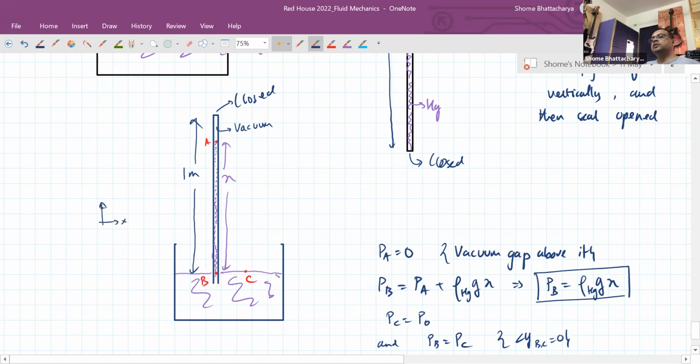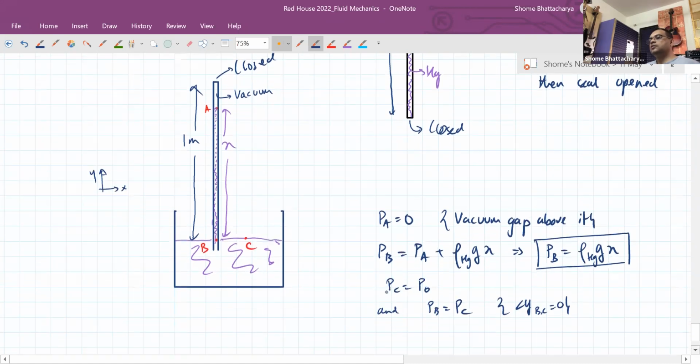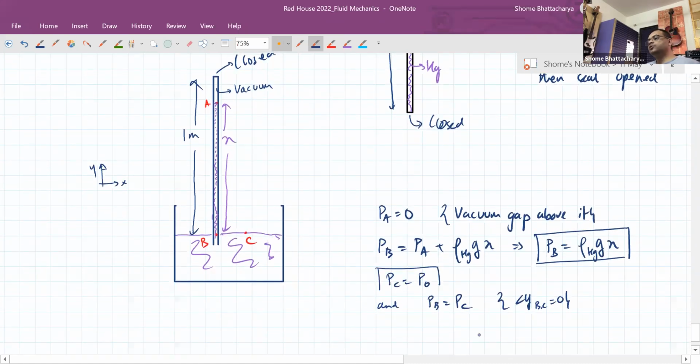They are at the same horizontal level. So now relating that, you can see that the atmospheric pressure is equal to density of mercury into g into X.